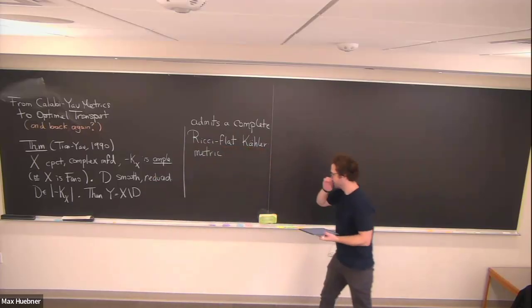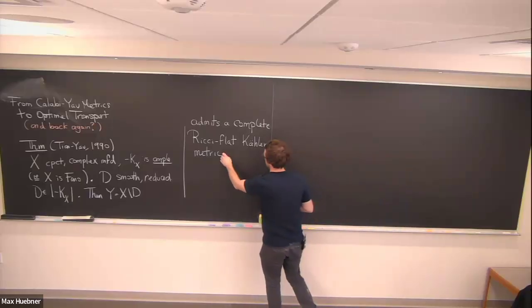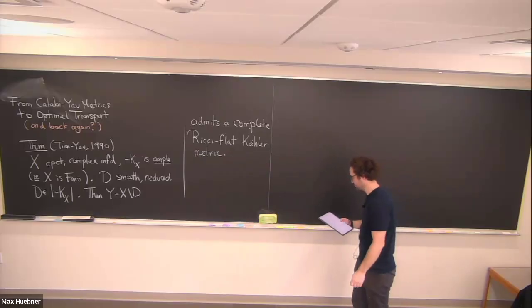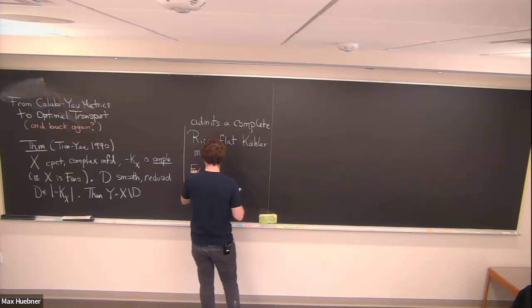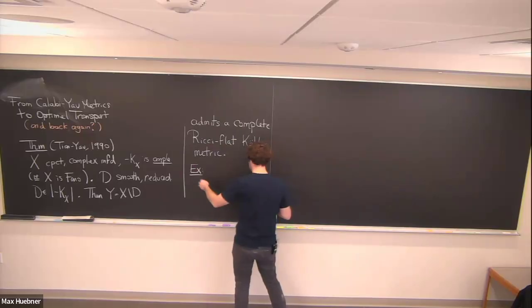I'm not going to talk about the compact case so much because I want to get to the other stuff. But this is a theorem which is a major result in the field. And it's very easy to cook up examples despite all the assumptions in this theorem.